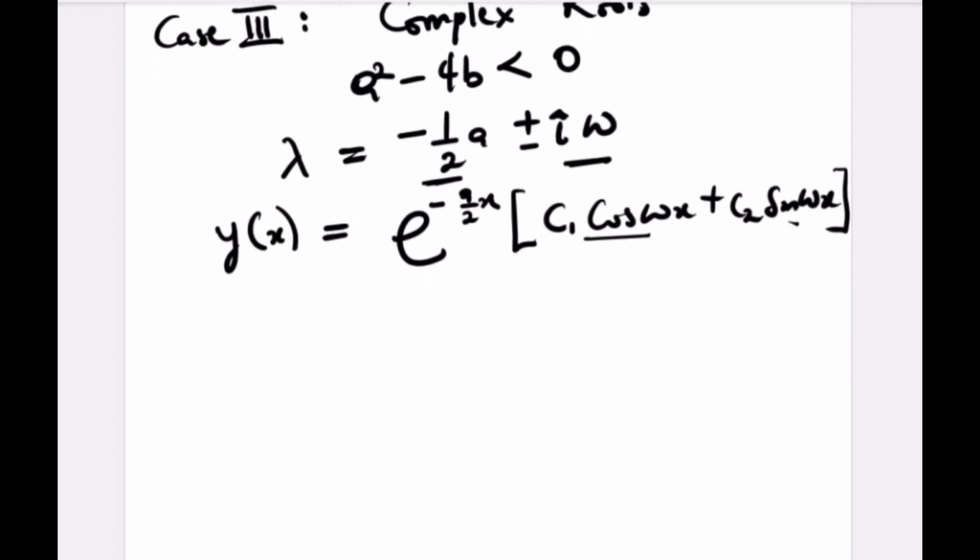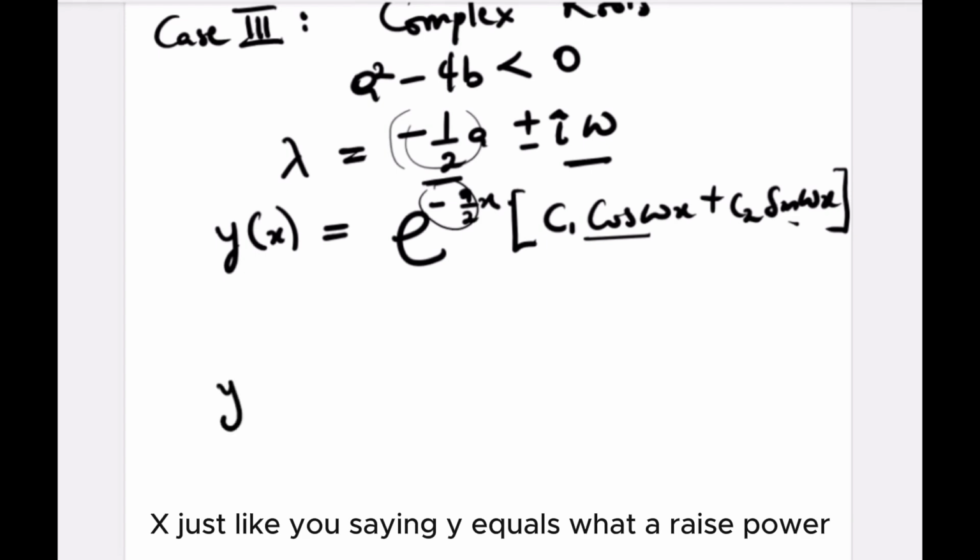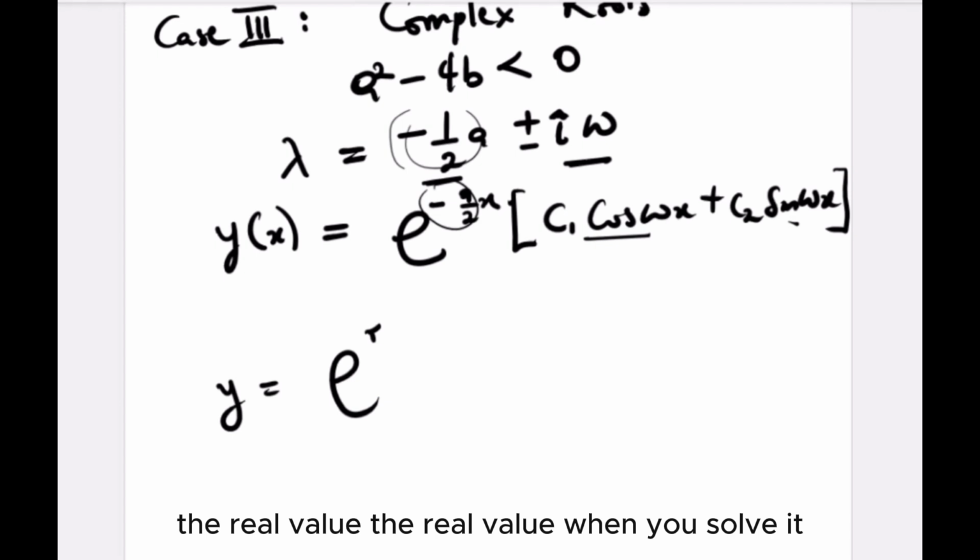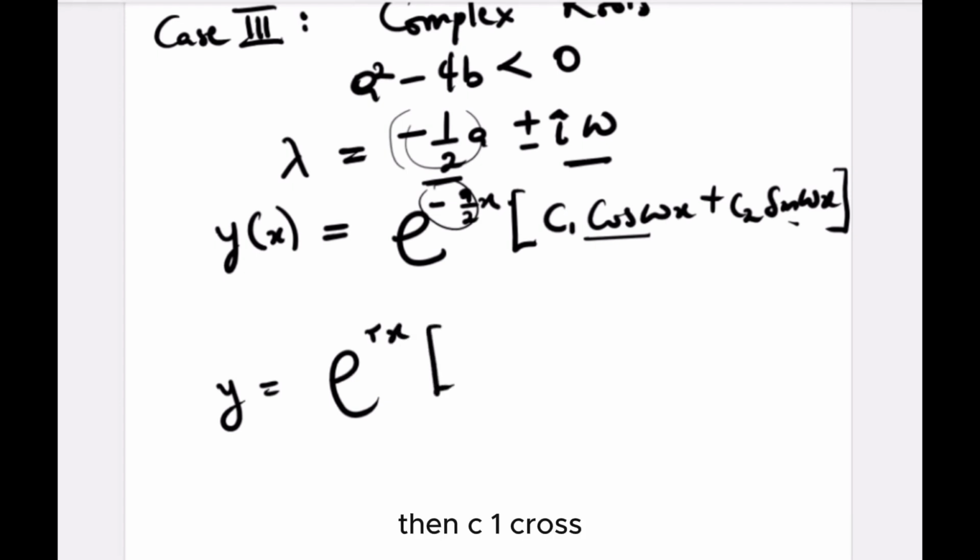And this is the real value, x. It's just like saying y equals e raised to the power of the real value when you solve it, then c1 cos wx.